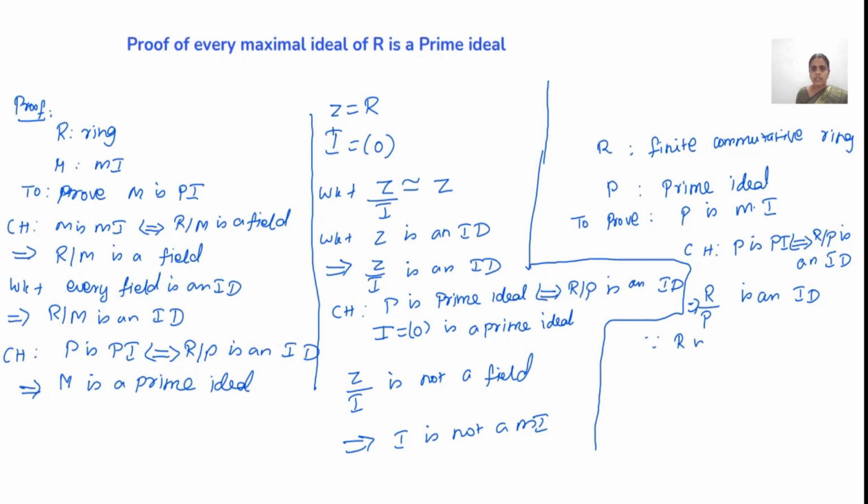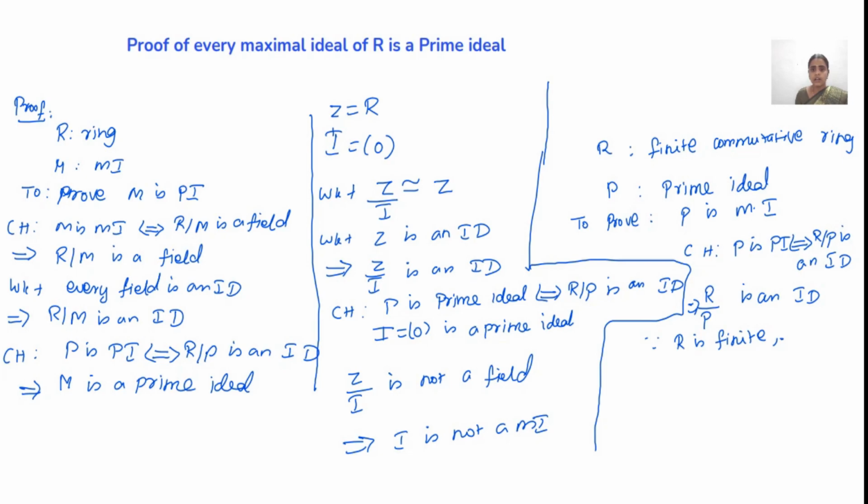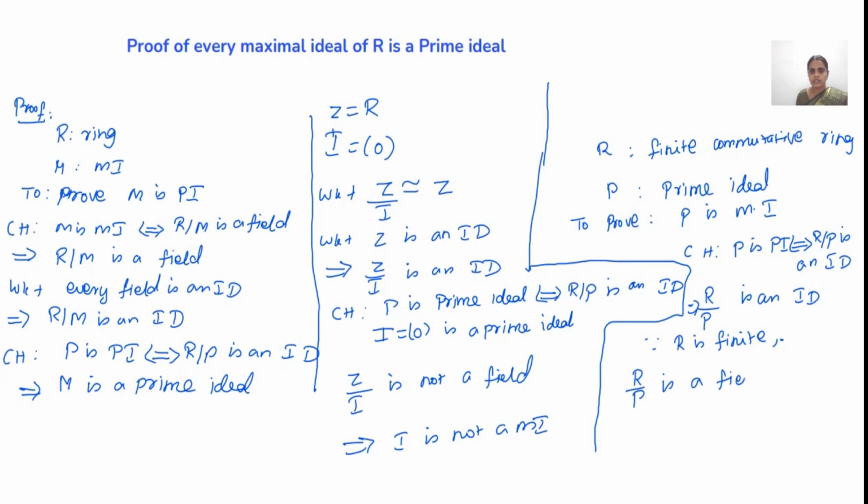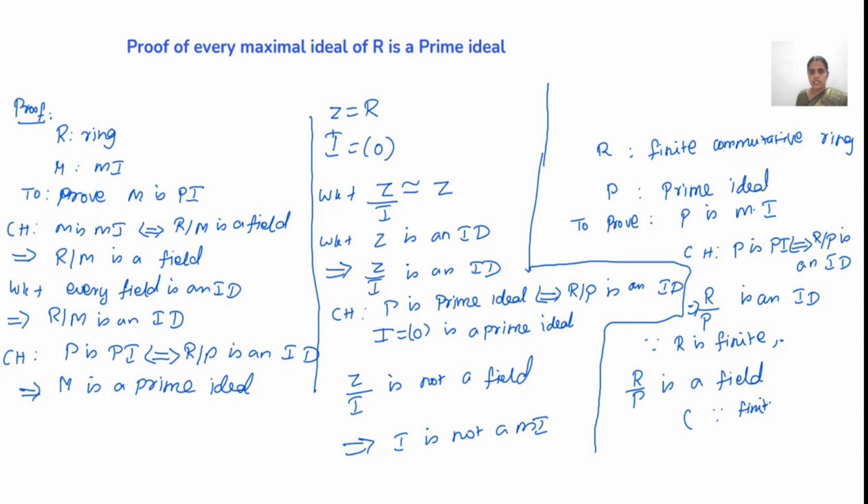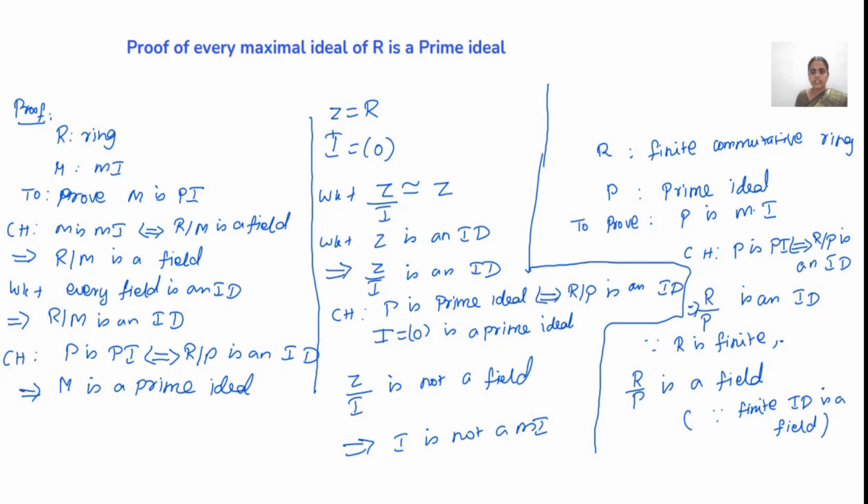Since R is finite, we know that a finite integral domain is a field. So R by P is a field. This is because a finite integral domain is a field. Now we reached that R by P is a field.